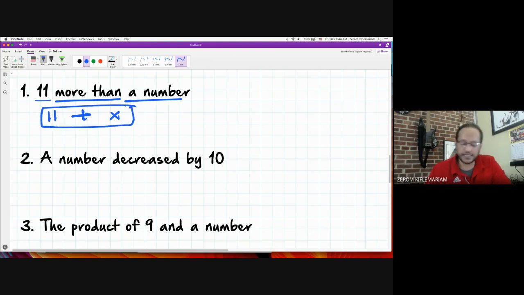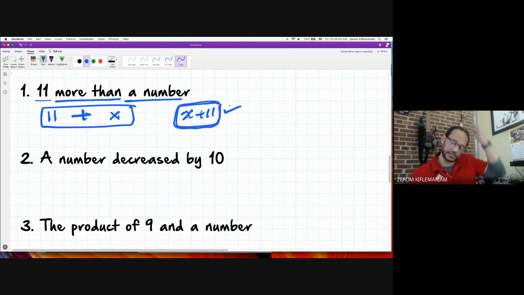But again, as I said earlier, addition is forgiving, so if you write X plus 11, nothing wrong. But with 11 more than, a number must exist for me to add that value. So the second way is the right way to write it, but addition is a little bit forgiving.